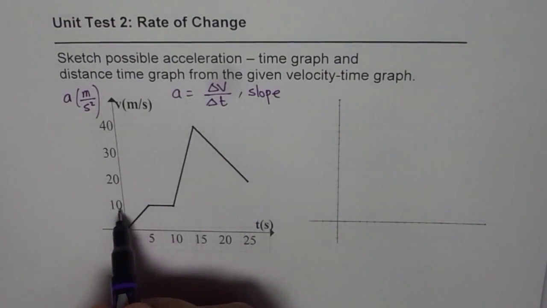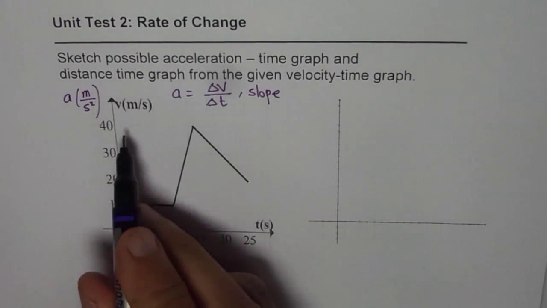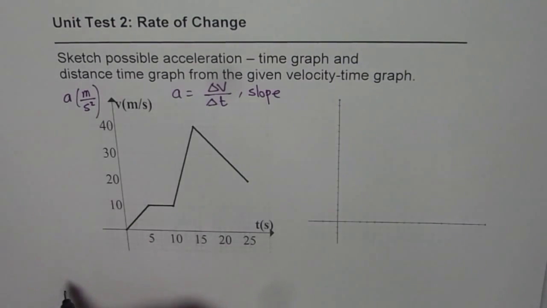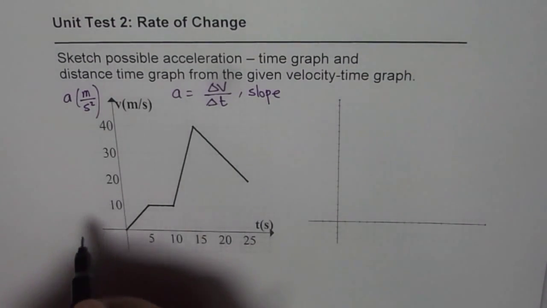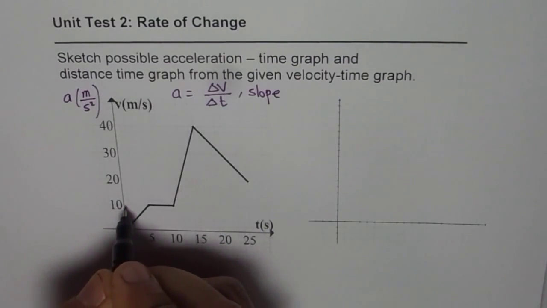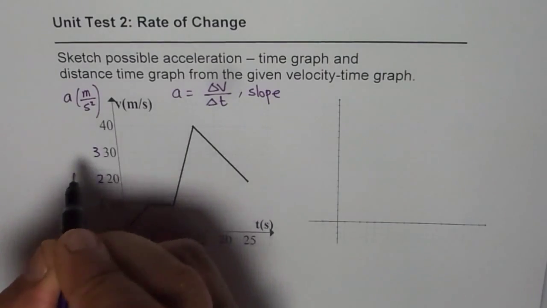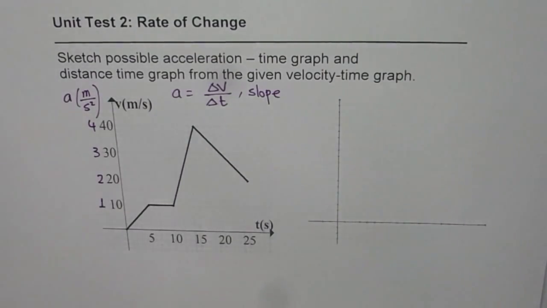Now we get 10 meters per second divided by 5 seconds, so you get 2 meters per second square. I'll use a scale where I use this as 1, then this as 2, 3 and 4. I think that should be good.